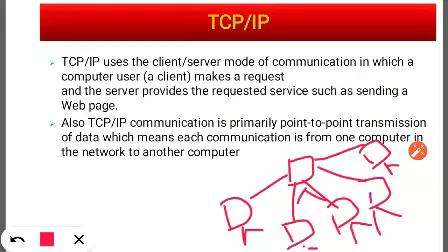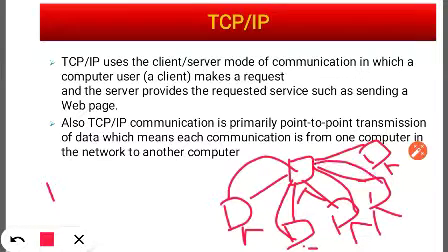The next point is that it specifically has point-to-point transmission of data. Why are we calling it point-to-point transmission of data? Because when we say it is client-server mode, from here to here it is point to point, from here to here point to point. There is no broadcasting.